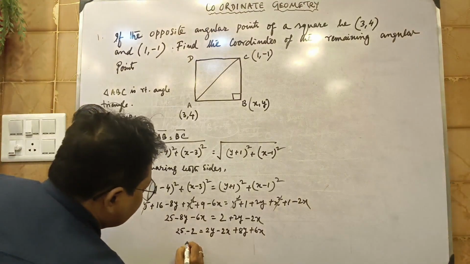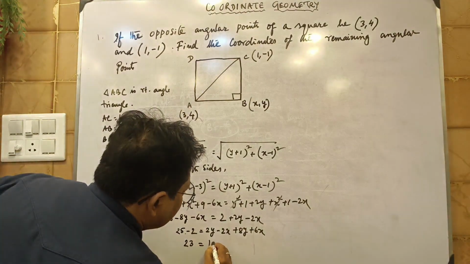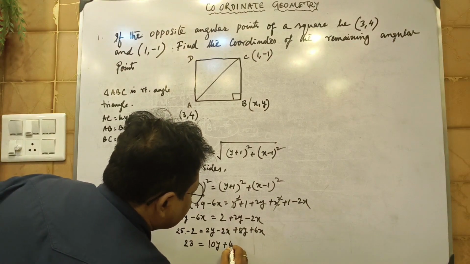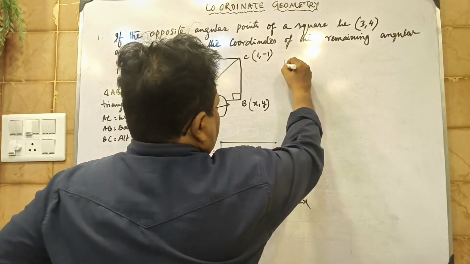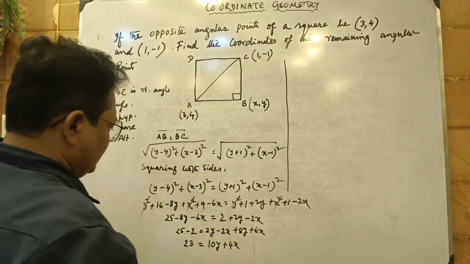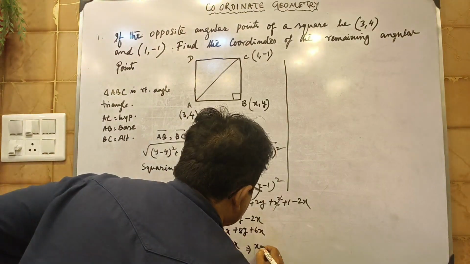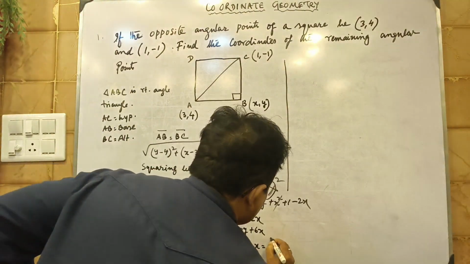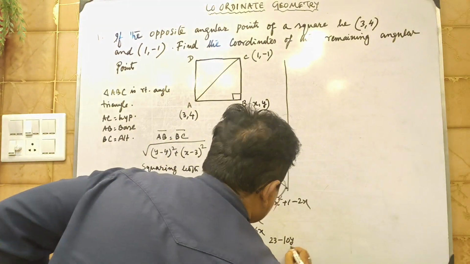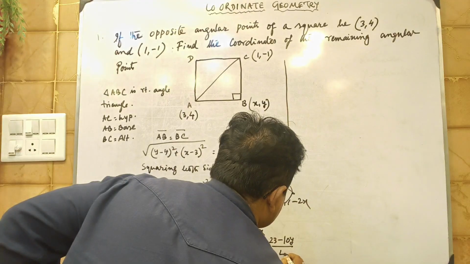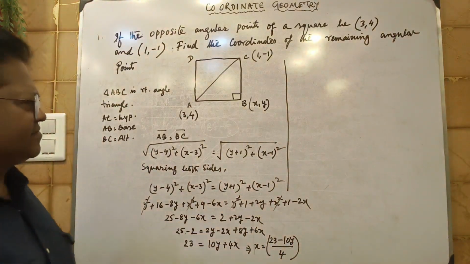So we get 23 equal to 10y plus 4x. From here we get x equal to 23 minus 10y divided by 4. This is equal to x.